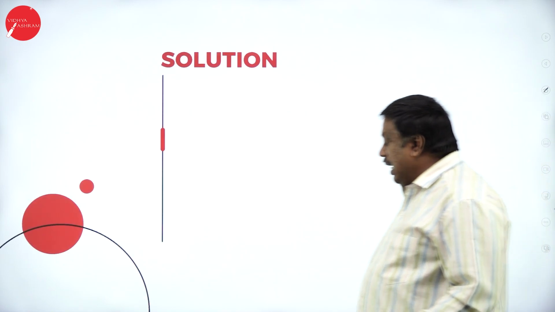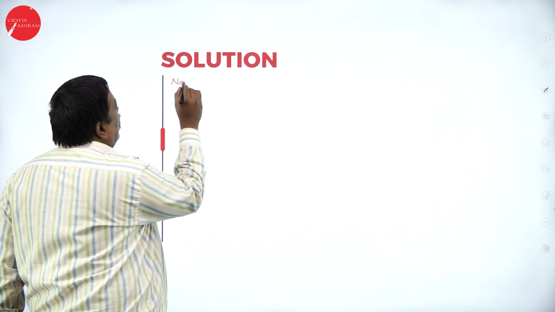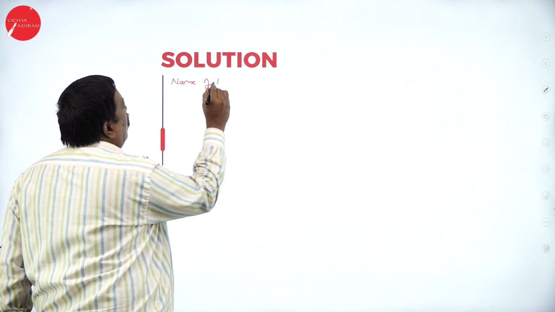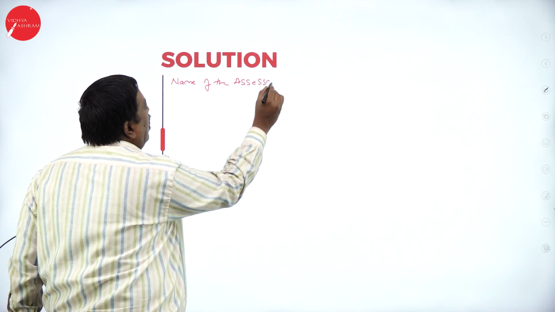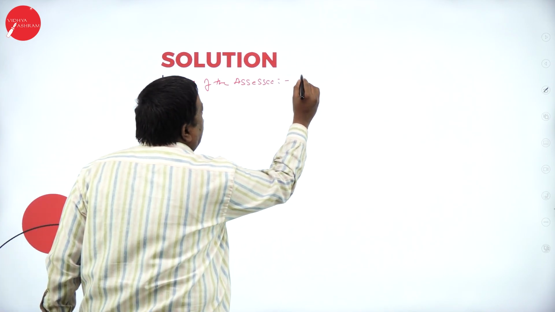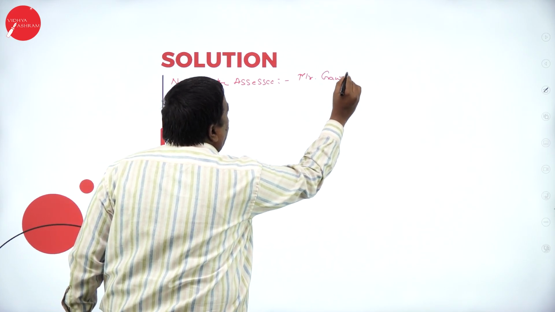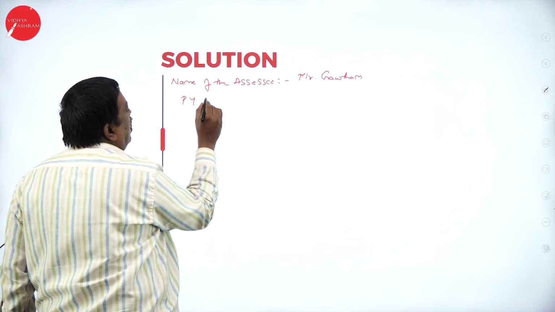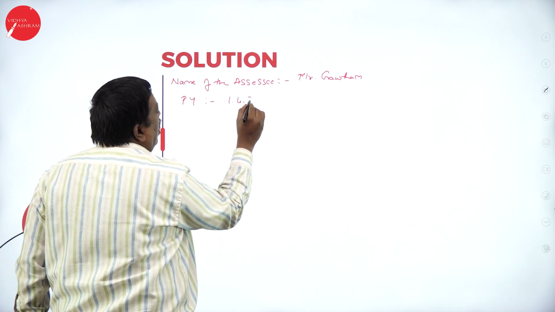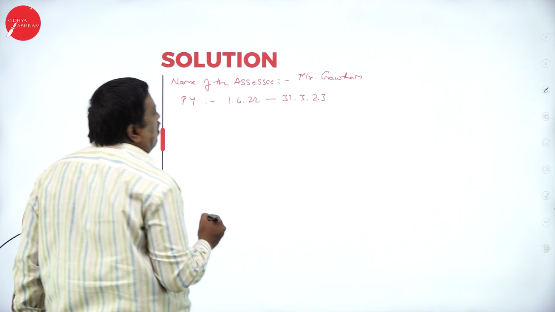So now let us write clearly, name of the assessee, Mr. Gautam. Next, previous year, 1st April 2022 to 31st March 2023.